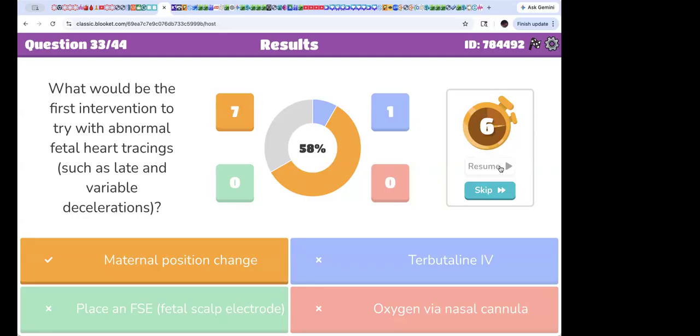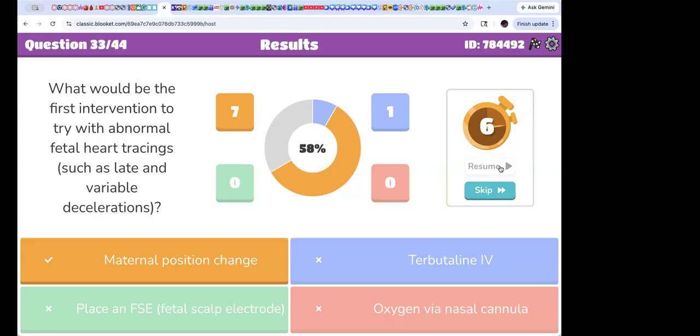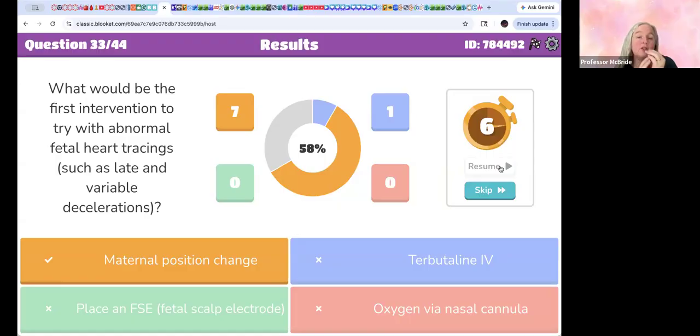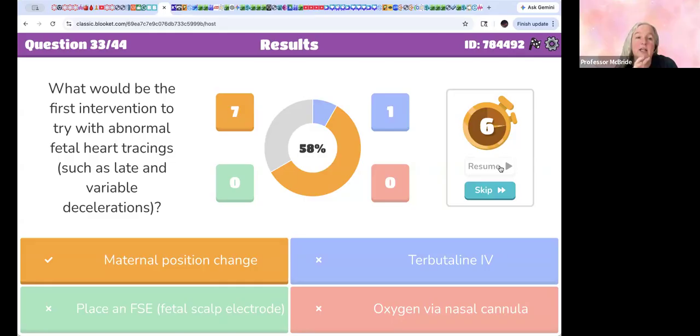Because it can be a cord compression. Not for this. Remember what causes late decelerations? Placental insufficiency. And so maternal position change can help, thinking like supine hypotension again, right? Not putting pressure on the vena cava, having the most perfusion possible to the placenta.